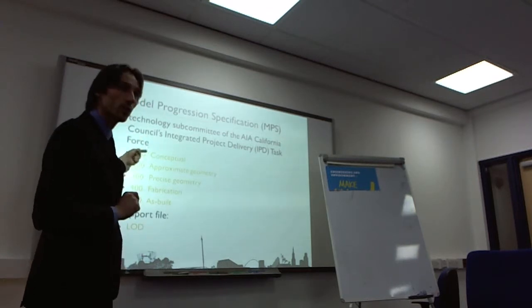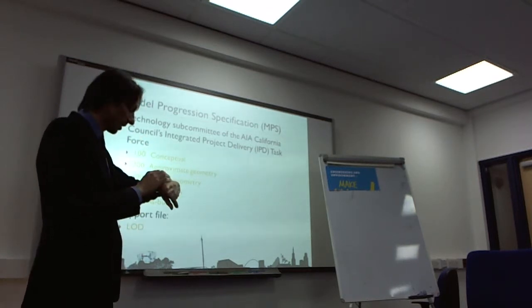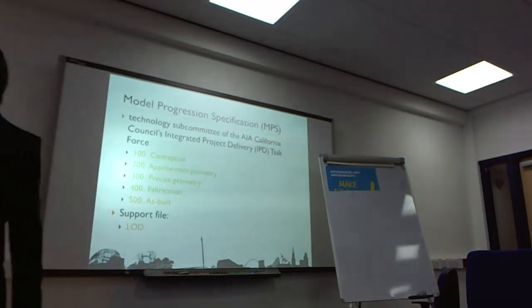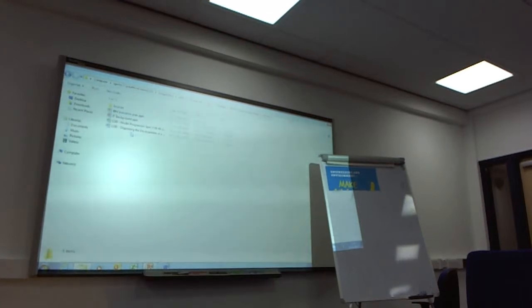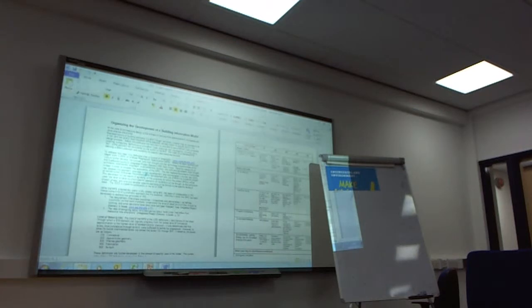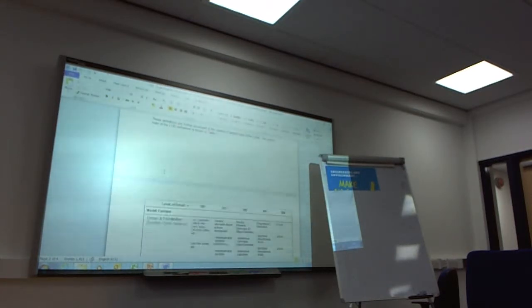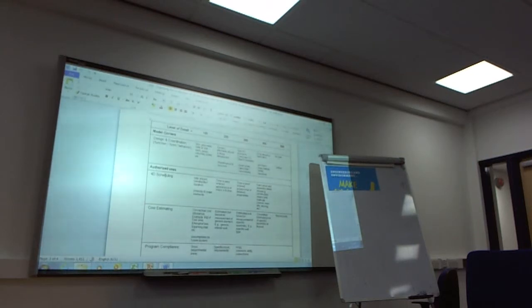Now, in the file folder that you'll be given, there is a pointer to this idea of what is actually connected to all of these levels of detail. That's a good starting point for you to start thinking about the progression of a building information model across functions.